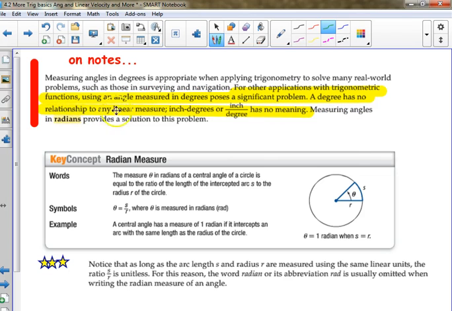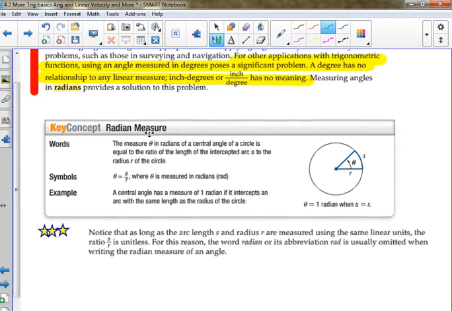A degree has no relationship to any other linear measure. There's no such thing as an inch degree or inch per degree. It has no meaning. All right, so then measuring angles in radians is the solution to that problem, because radians will divide out. I always say it's like a magical unit. It just appears and disappears, okay?